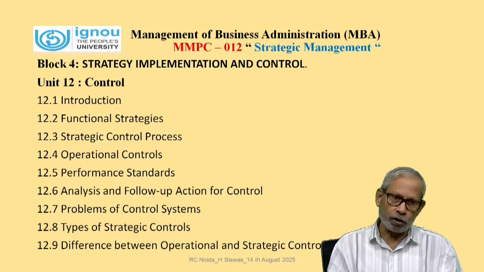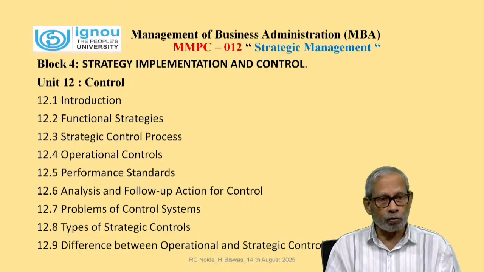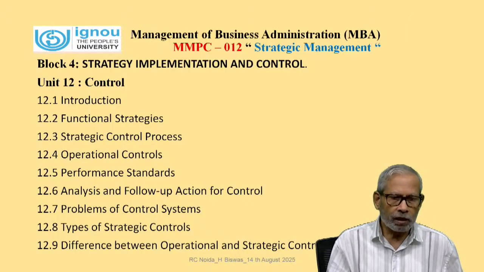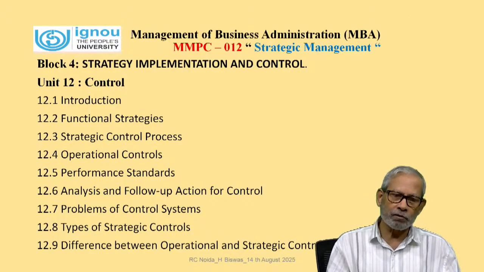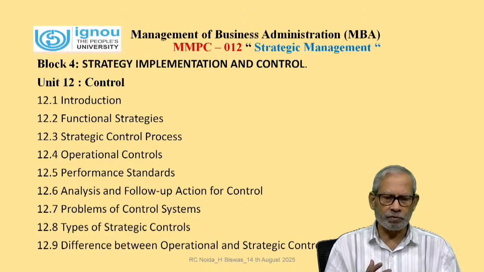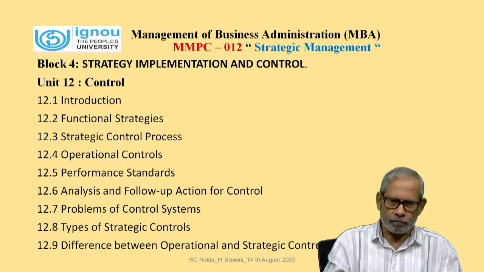Now coming to control, where you see the functional strategies, then strategic control process, operational controls, performance standards, analysis and the follow up of the action of the control, then problems of the control systems, types of strategic controls and differences between operational and strategic control that you have to see.